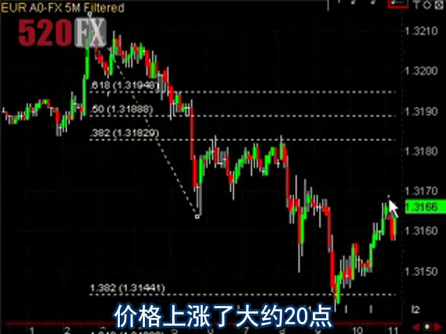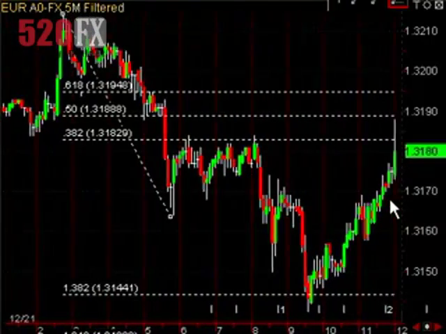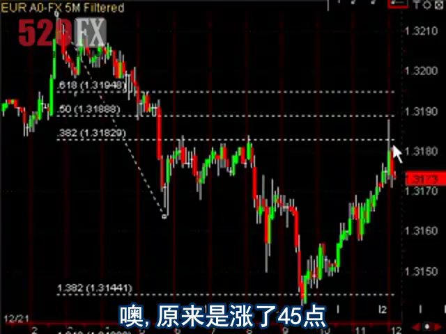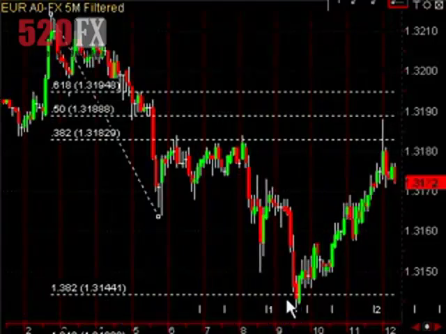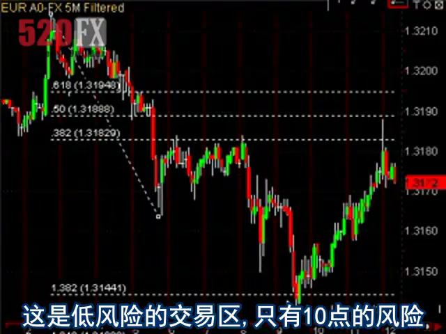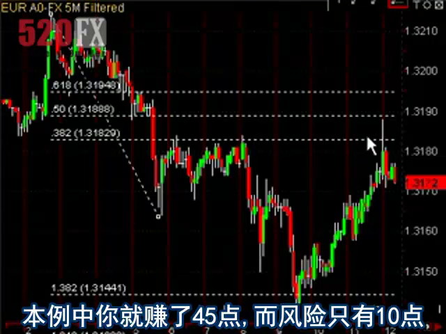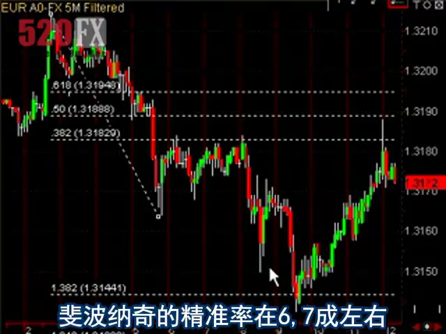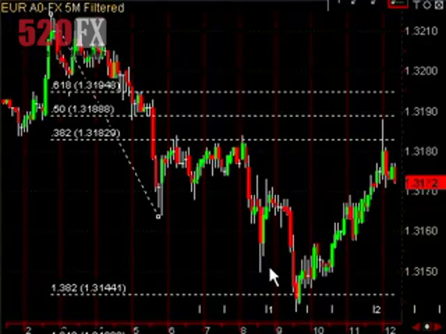The market went up about 20 pips. Actually went up about 45 pips. So that's a low risk place. If you risk 10 pips down there, again, in this example, you made about 45 pips while risking 10. And these Fibonacci profit targets are about 60 to 70% accurate in my testing.